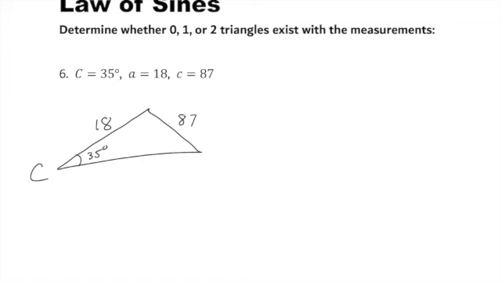And so again, if you see this is side, angle, you're on high alert that it could be 0, 1, or 2. And if you're not sure, just launch right in and start finding what you can.